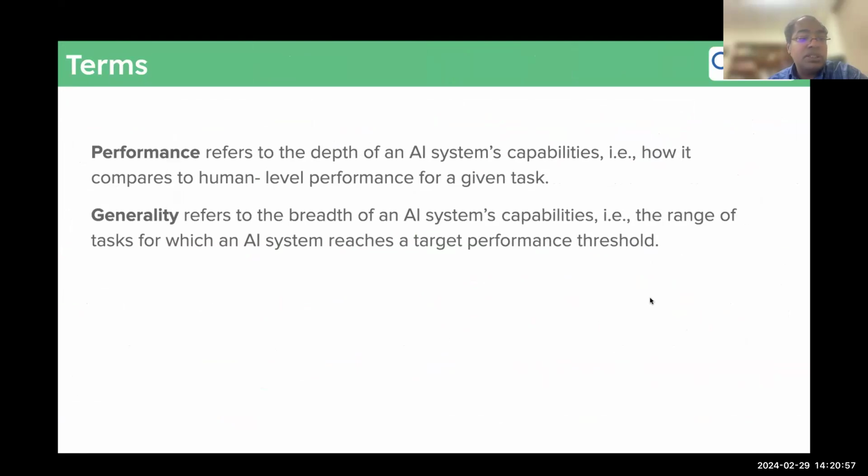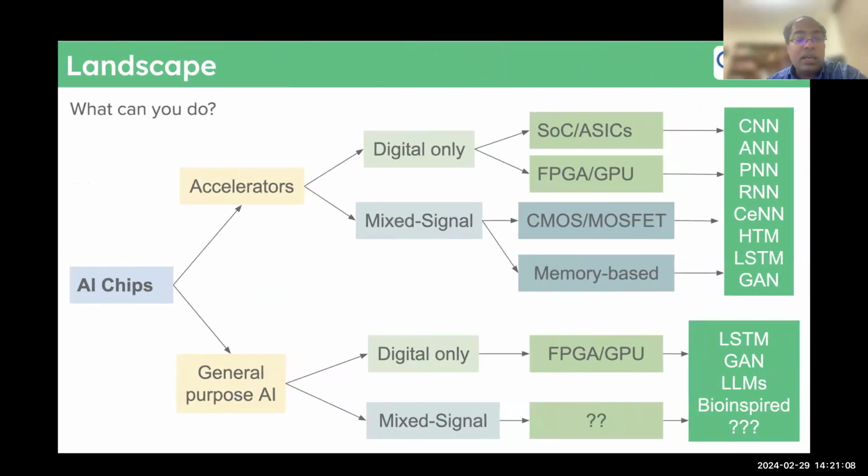Now, in terms of analyzing the capabilities of such networks, two levels of things are looked at. One is performance, another is generality. And we often compare it with the human level performance of the system. And this is the entire landscape of the technologies of AI chips built with various analog memory systems.